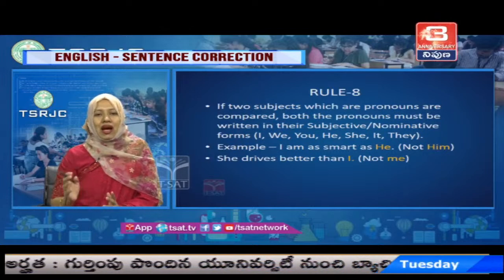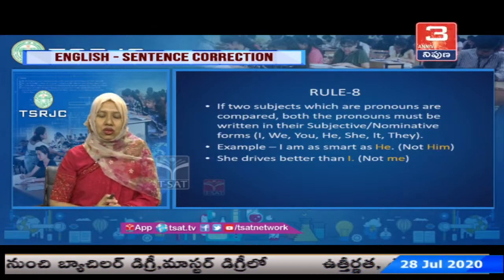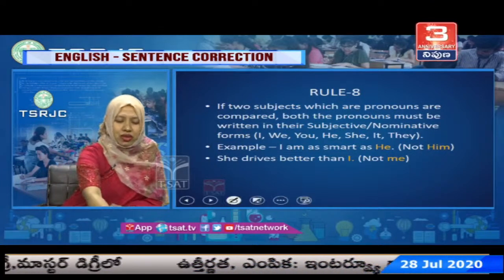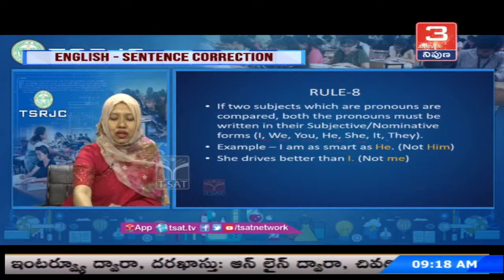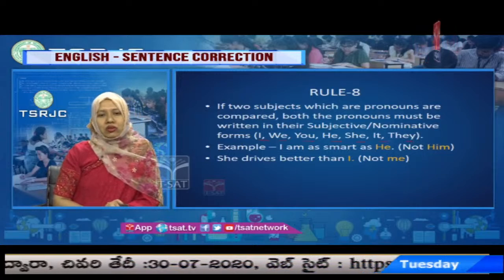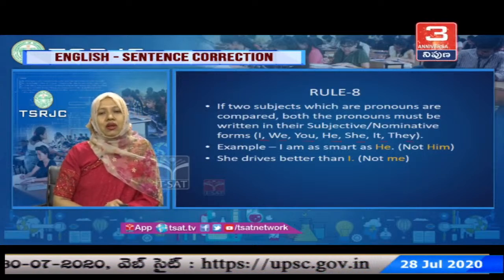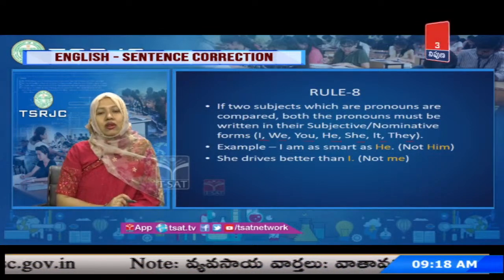For example, I, we, you, he, she, it, they are all pronouns used as subjects. We use them to start a sentence. When we start a sentence with these pronouns, always remember we should use another pronoun for the object.